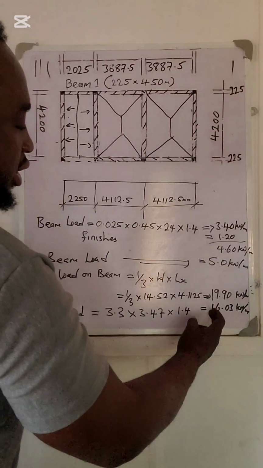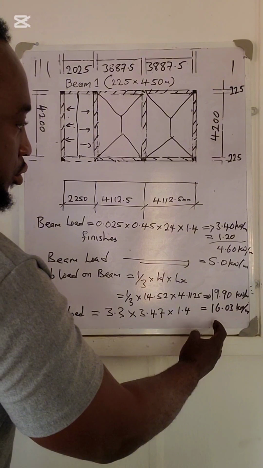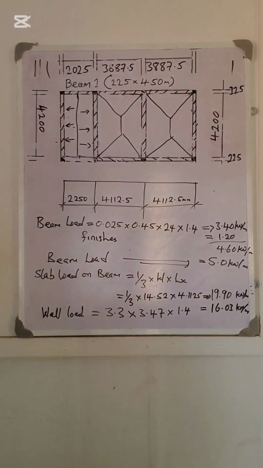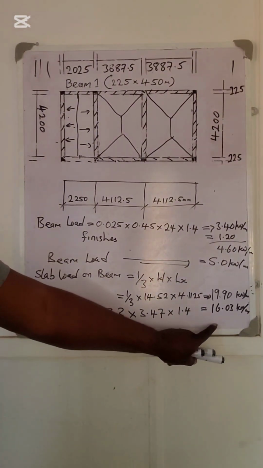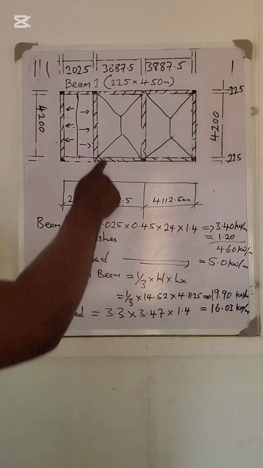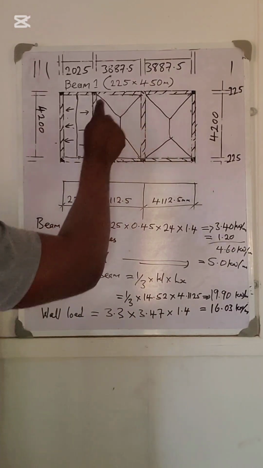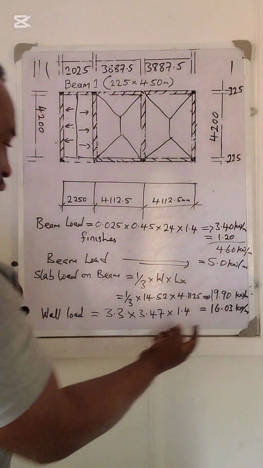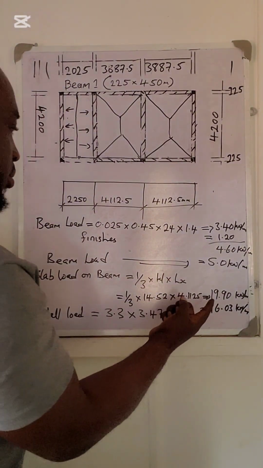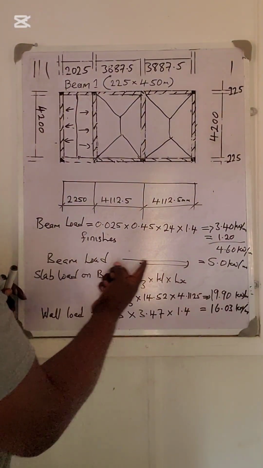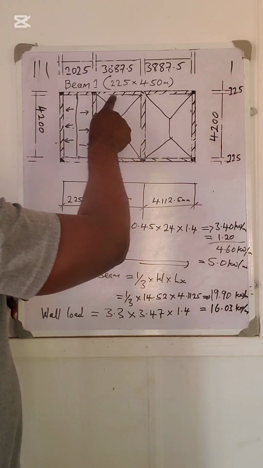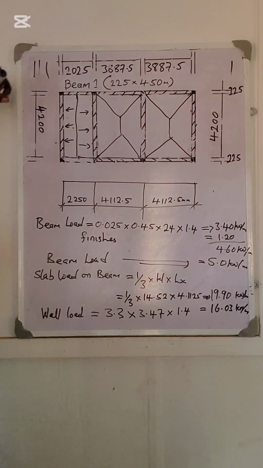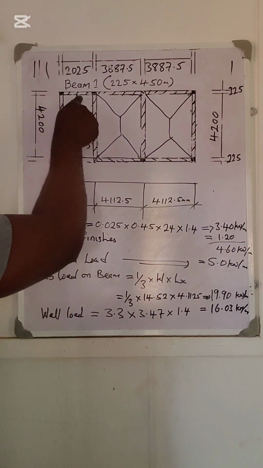Now, when you calculate this load, you remember we are solving for this and this now. We already know the weight of our wall to be this, the weight of our slab to be this, the weight of our beam to be this, for only this and this. This one is a one-way slab.